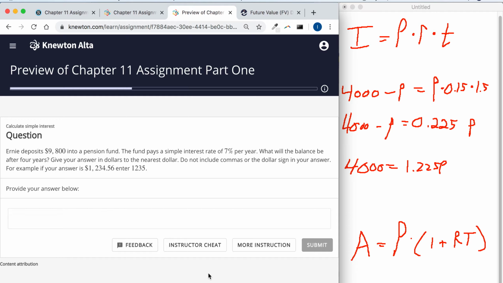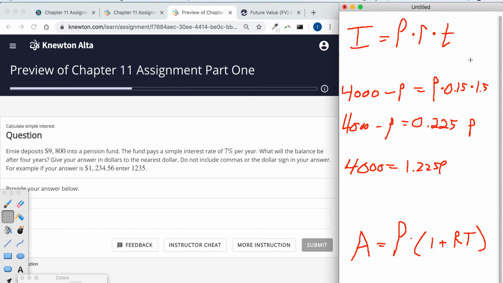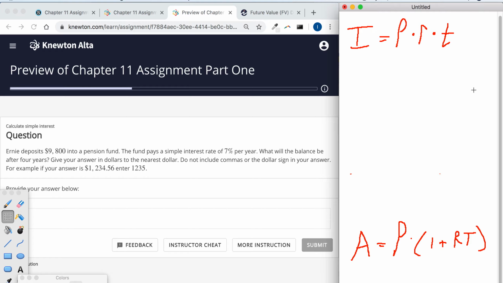To find out the balance after 4 years, you just find out what that interest is. I guess I can do it since I've already talked through it. We're going to calculate the interest and just add that to our principal. The interest is the 9,800 principal times 0.07 times T. What was it? 4 years?